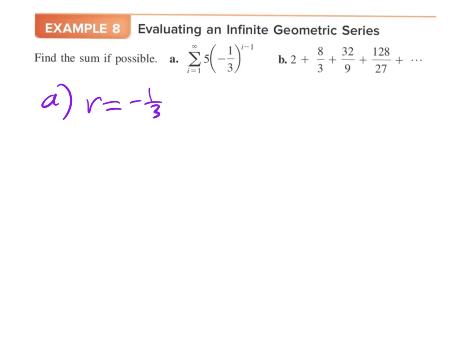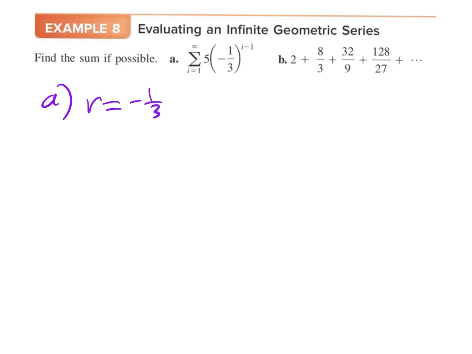So what this means is, as n gets closer and closer to infinity, this number gets huge. I'm telling you, plug -1/3 into the 100th power in your calculator and see what kind of little decimal you get. It's going to be -0.0000, a bunch of zeros. And as you go to 1,000 and 10,000, eventually your calculator will say overflow error.